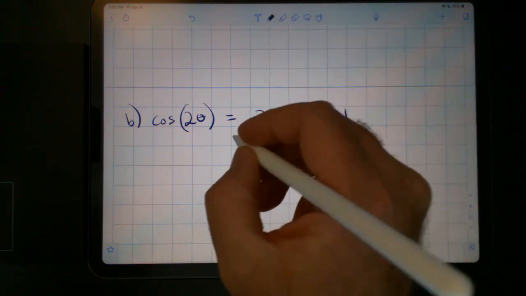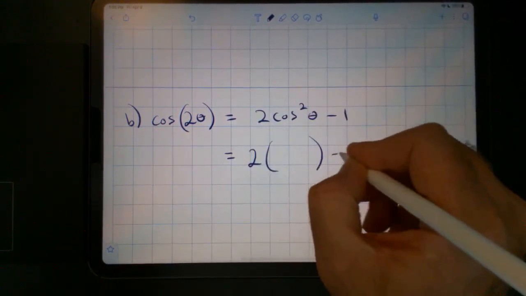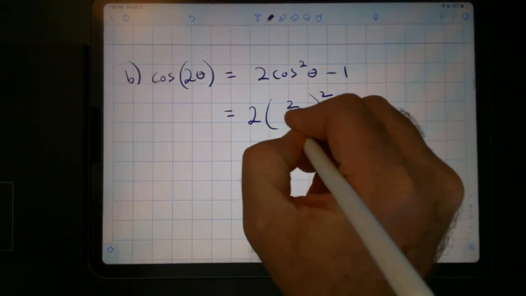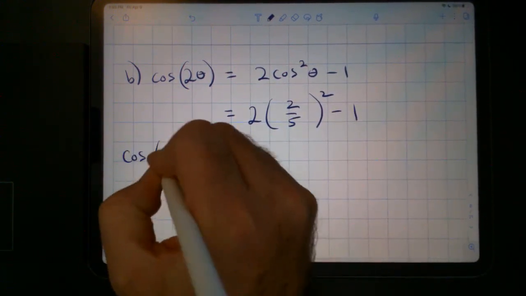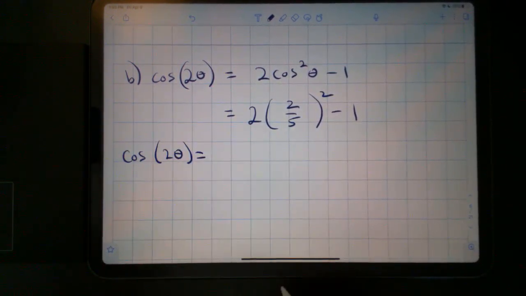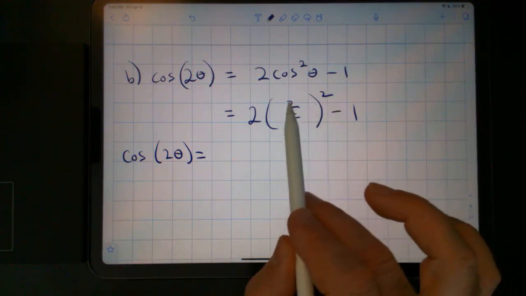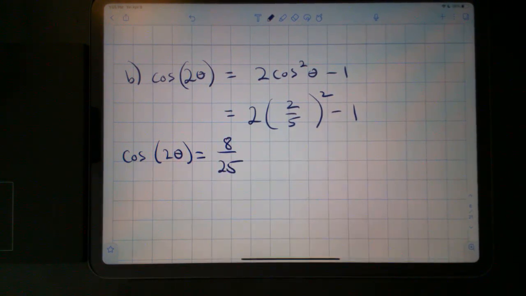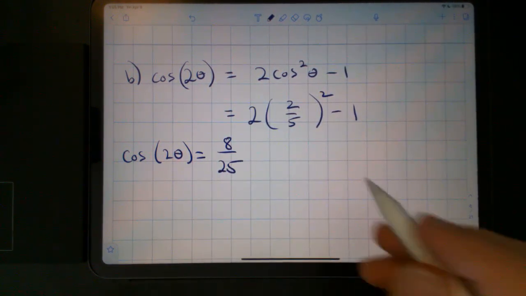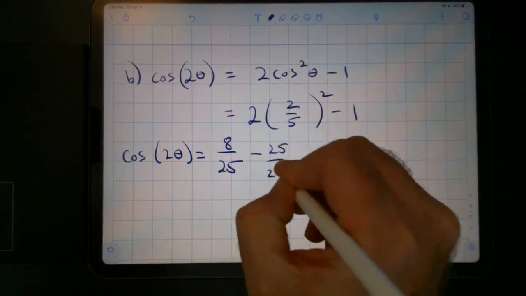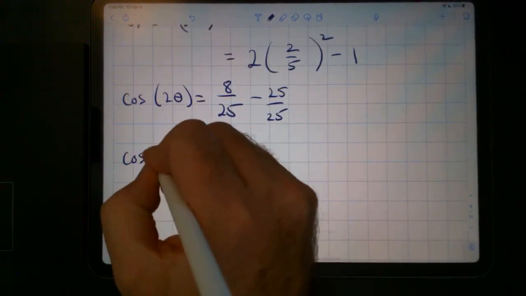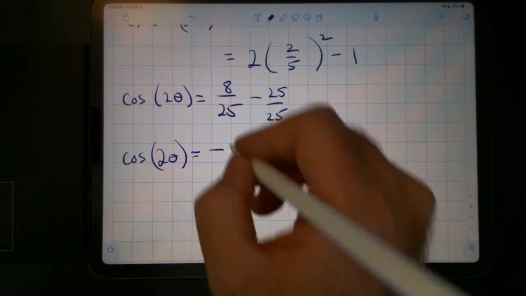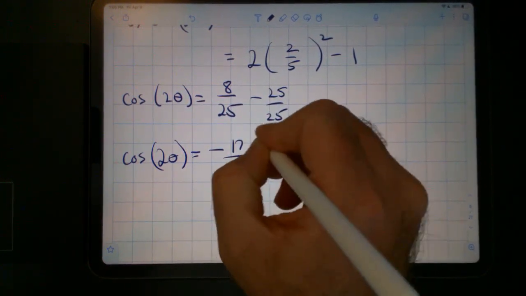So this is equal to 2 times cosine, which is 2 over 5. So this tells us that cosine of 2 theta is equal to, square the numerator, you get 4. 4 times 2 is 8. So we have 8 over 25 because you also square the denominator. Since I am minusing 1, that's minus 25 over 25. So that cosine of 2 theta is equal to negative, what is it, 17 over 25.